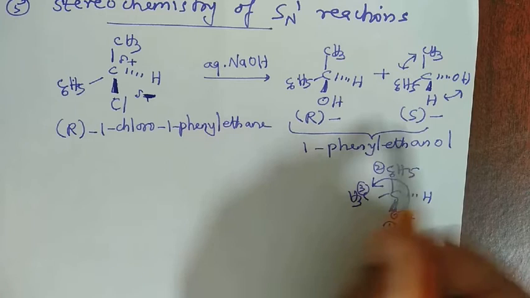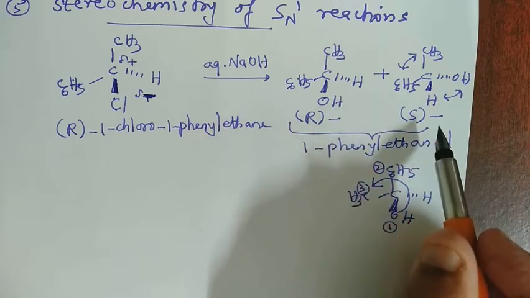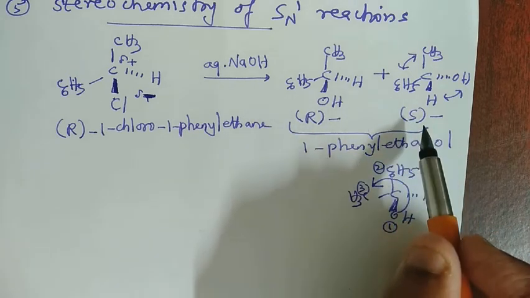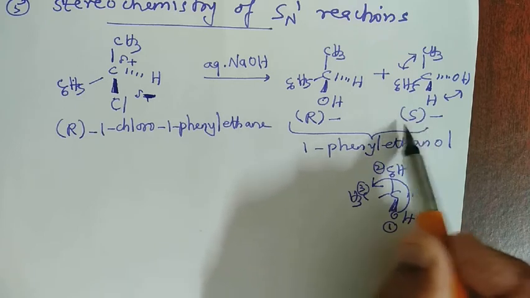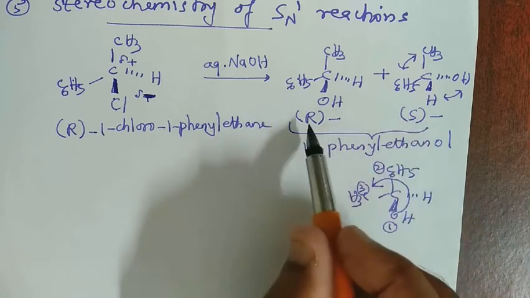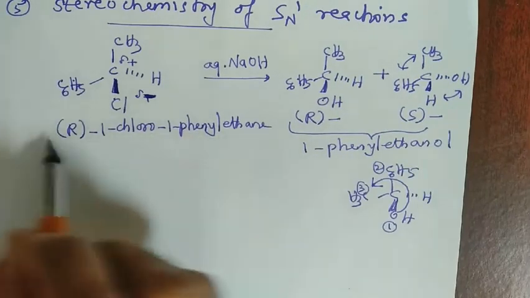If R and S are formed exactly in a 1:1 ratio, then it is called a racemic mixture. Experimentally, it is found that the concentration of product having opposite configuration is slightly greater than the product having the same configuration as that of the alkyl halide.